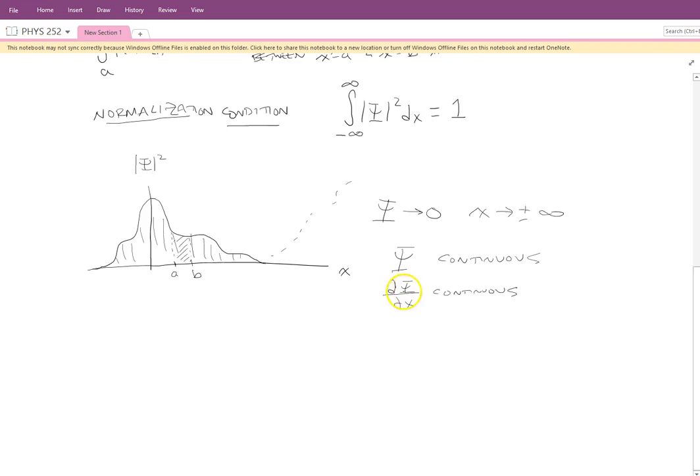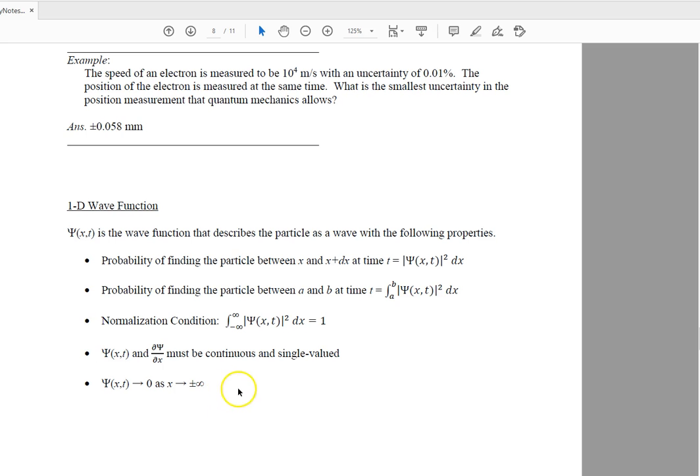This is why psi can't have kinks in it, because then the derivative would be discontinuous. Psi continuous means it just can't jump from one value to another value. These are additional conditions on your wave function. What I want you to know is summarized here in this section of your summary notes. So just know those things.